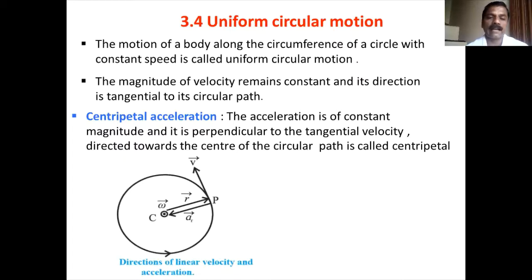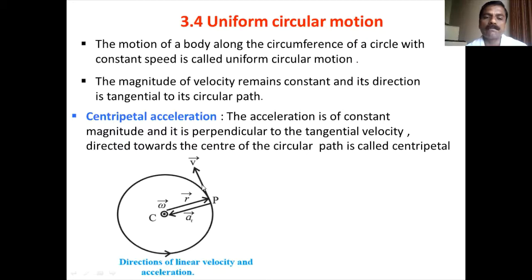In this diagrammatic representation, you will get a clear-cut idea about the velocity, the radius or the position vector, the centripetal acceleration, and the angular velocity of the body. You can observe in this diagram, the object is moving in the anti-clockwise sense of rotation. P is the position of the particle.